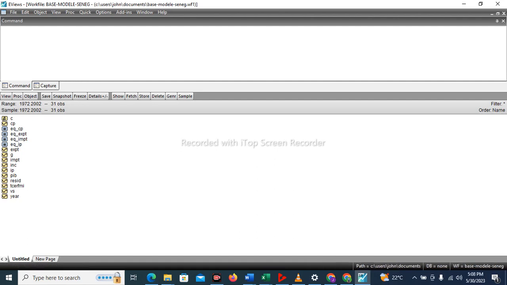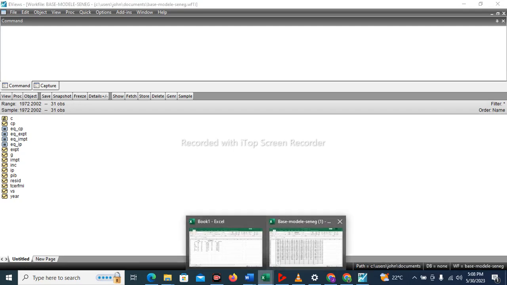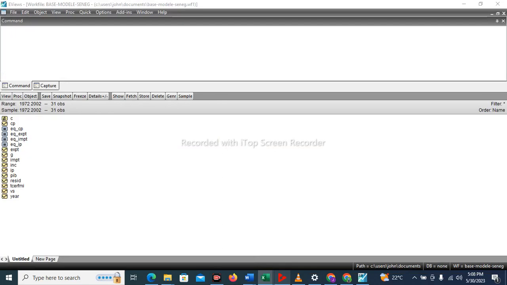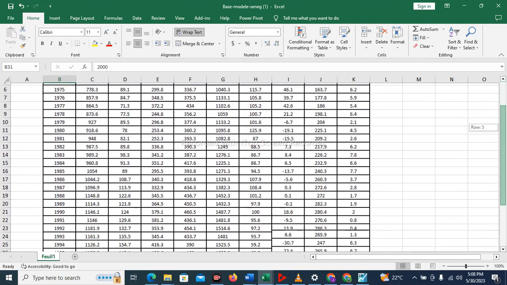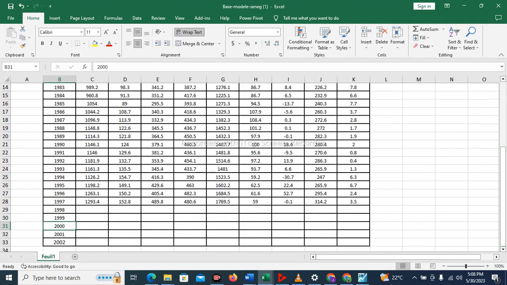But before we create our model, there's one thing you need to remember. There was this Excel spreadsheet that we were looking at, this one. I had told you that we had left some parts for prediction. That is 1998, 1999, all the way to 2002. Of course, they are blank for all the endogenous and exogenous variables.